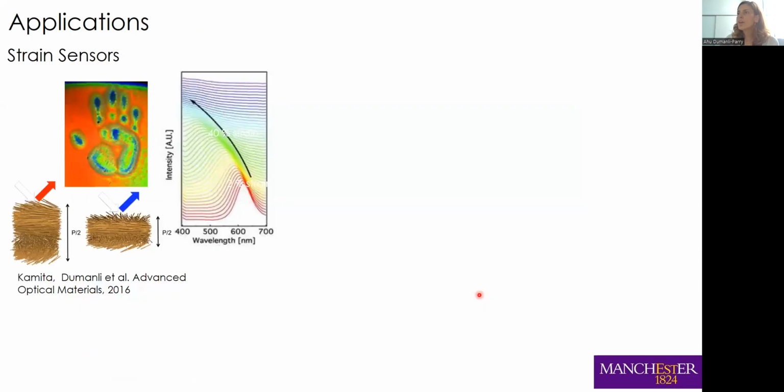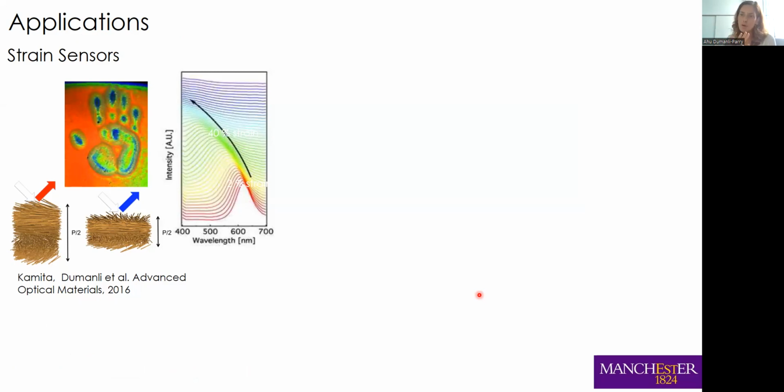From that idea onwards, we also showed quite a few applications and functionalities of these films using just the color as a function. One of the ideas was to trap the cholesteric phase encapsulated between two flexible layers.